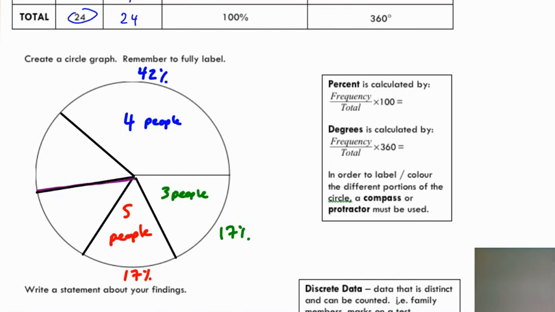All right, and we'll go back to that purple color. And so we have 2 people. So 1 parent, 1 child. And the frequency of that is 3 people. 3 tally markers, but that ends up being 12.5%. We'll just round that to 13.